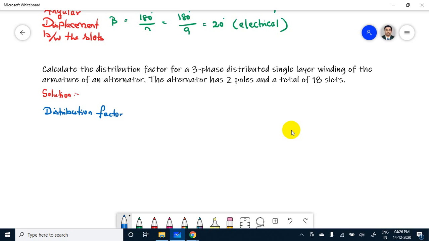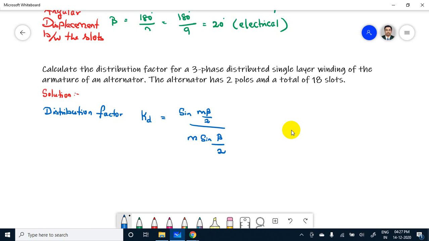Distribution factor Kd equal to sine m beta by 2 divided by m into sine beta by 2. Beta means angular displacement. M means number of slots per pole per phase. These values you do know.